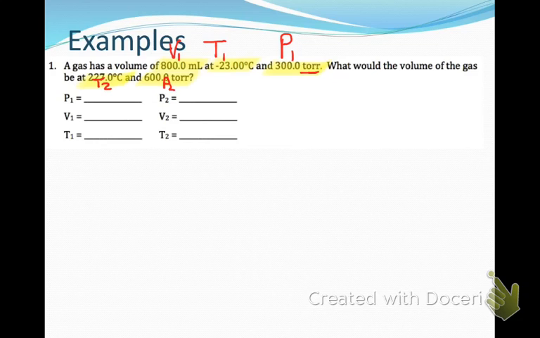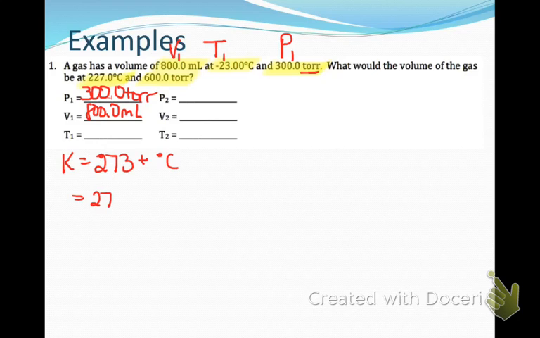So just like you had before, go ahead and put in those values. I'm actually going to leave myself a little bit of space here. So your P1 is 300.0 torr. Your V1 is given as 800.0 milliliters. And your T1 is negative 23.00 degrees Celsius. When you plug this into the equation, K is equal to 273 plus your degrees Celsius.